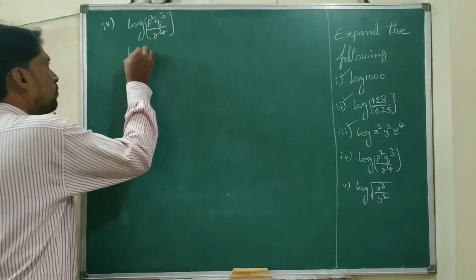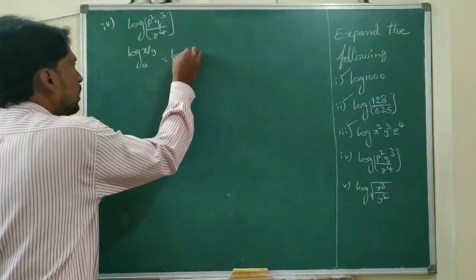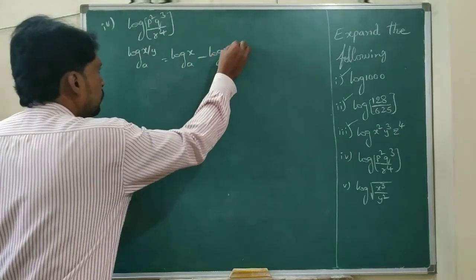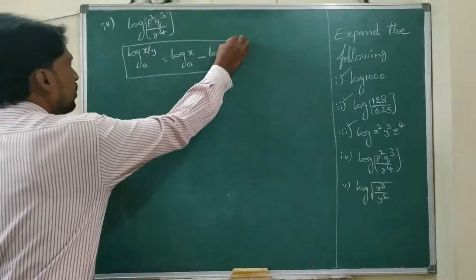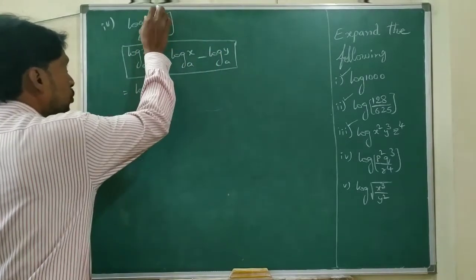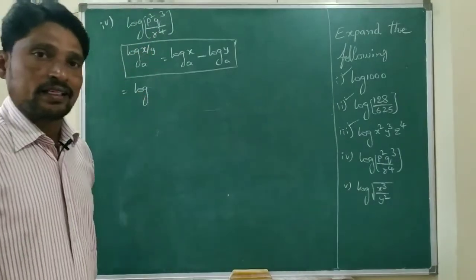Log x by y to the base a equals log x to the base a minus log y to the base a. Here the numerator we take as x and the denominator as y.